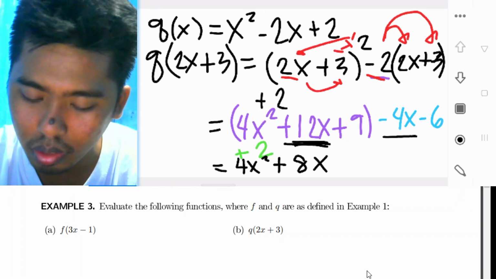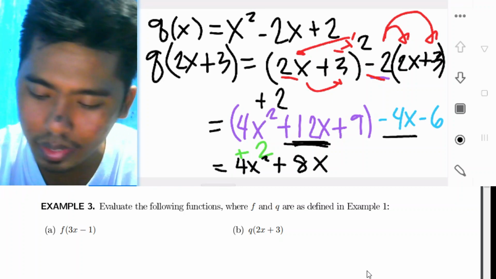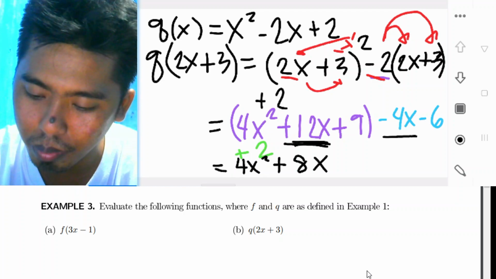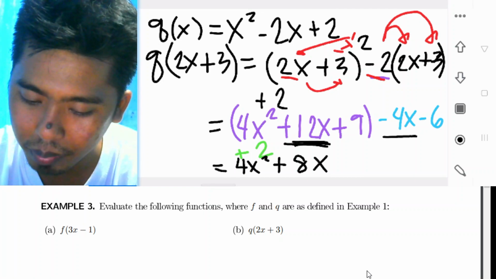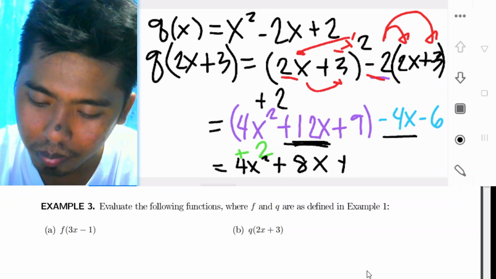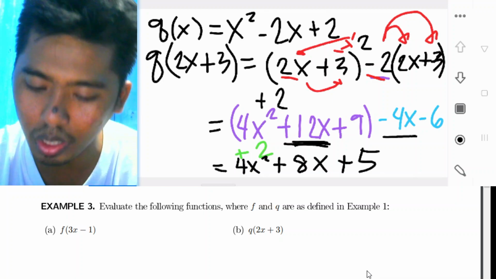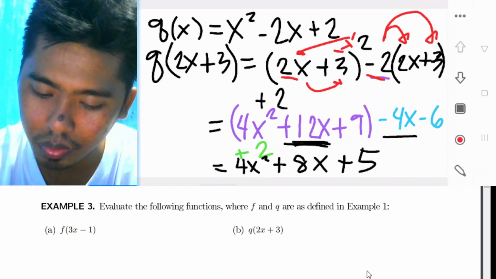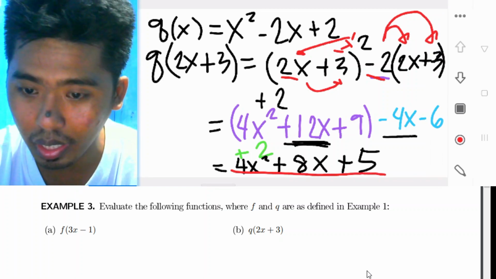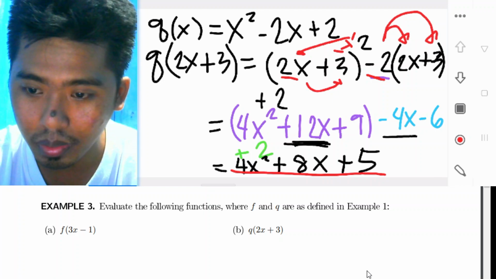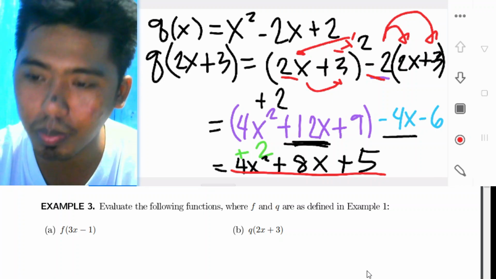So therefore that would become positive 8x. Next is 9 minus 6, that would become 3. We forgot 9 plus 2, 11. 11 minus 6, that would become positive 5. Okay, so that would be our final answer: 4x squared plus 8x plus 5.